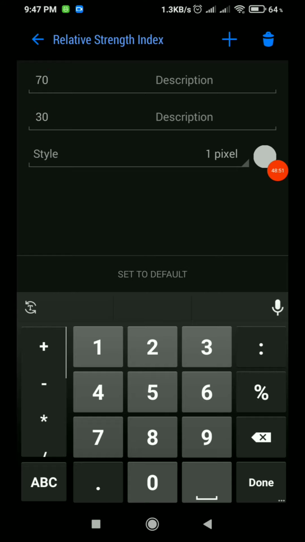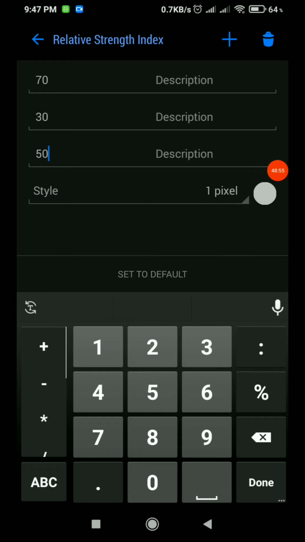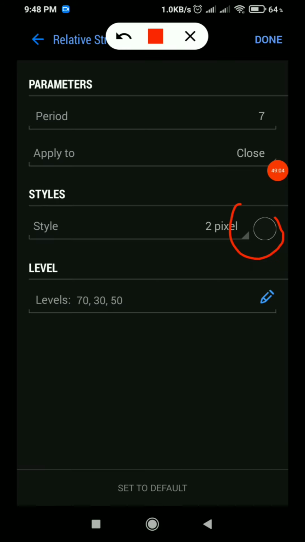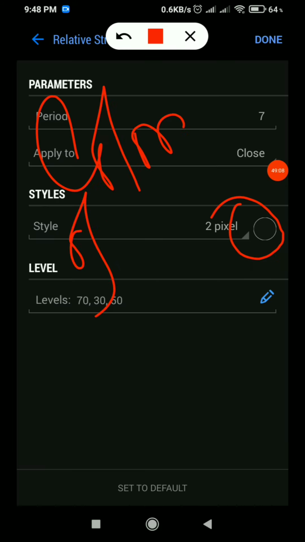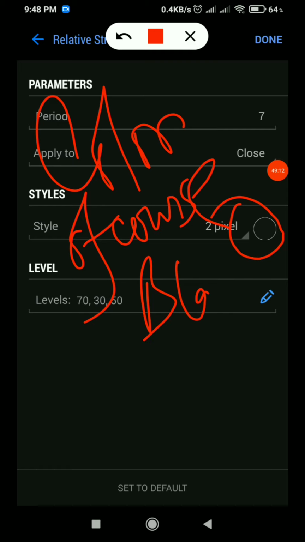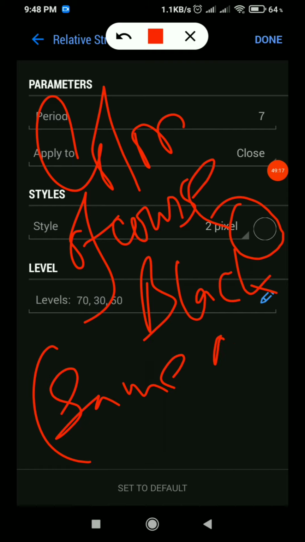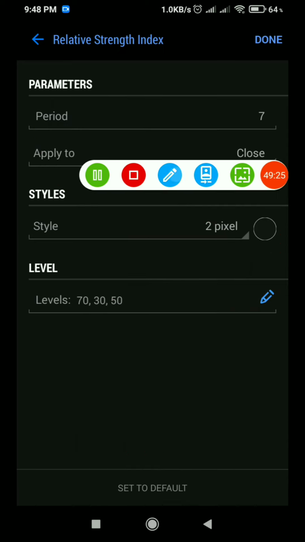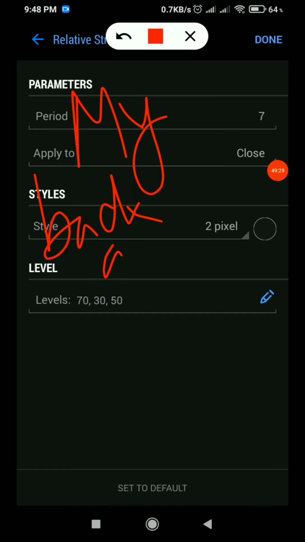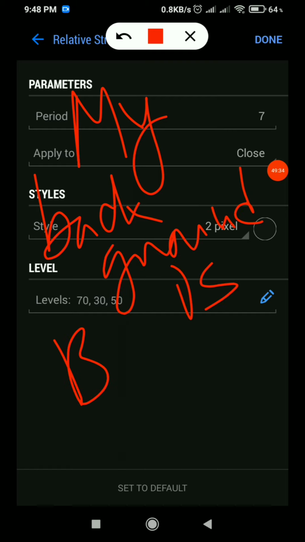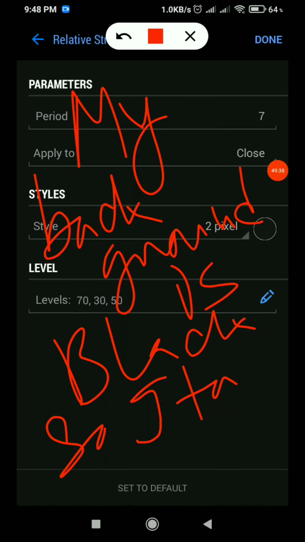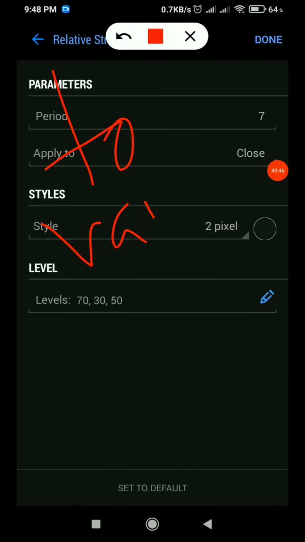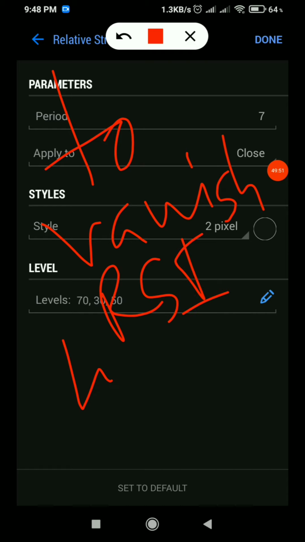You just have to push the plus button, 70, 50 and 30 levels taken, and you have to take this color black, the same as your background color. This is important because we don't need these RSI levels. I want to vanish them, so I keep the color the same as my background, so it's going to vanish.